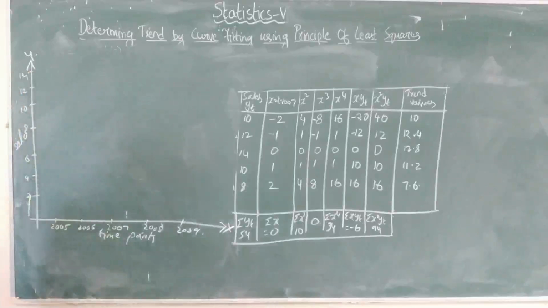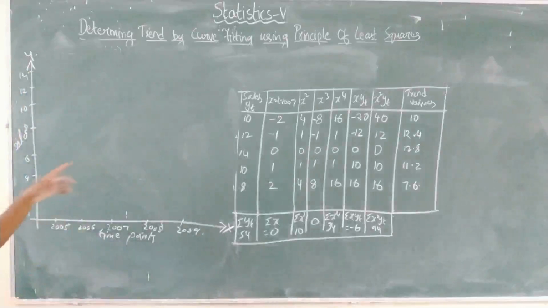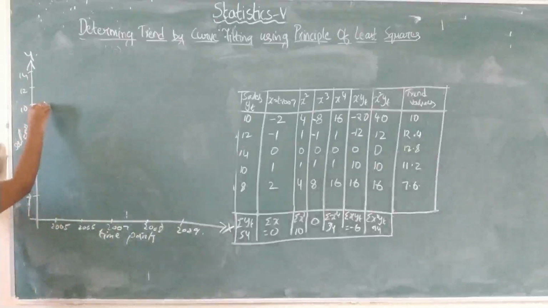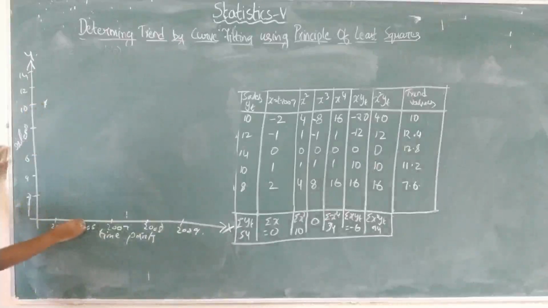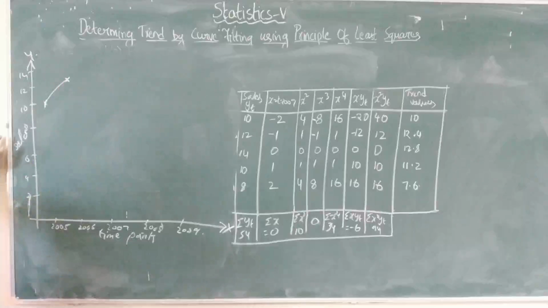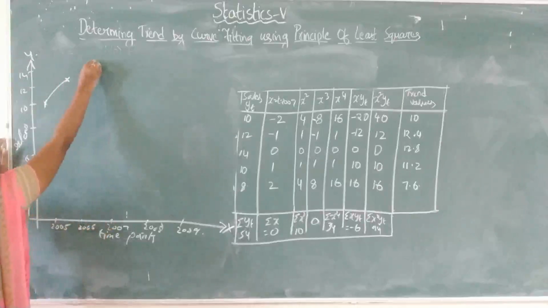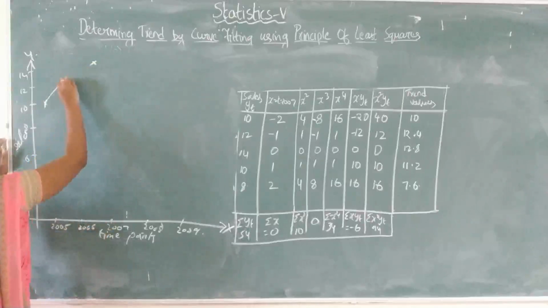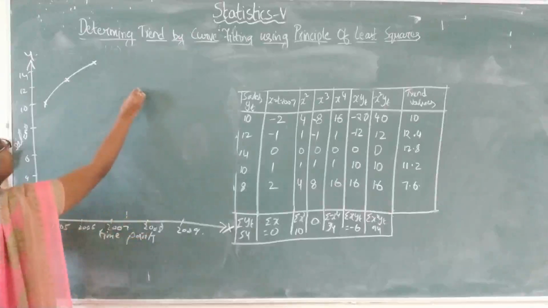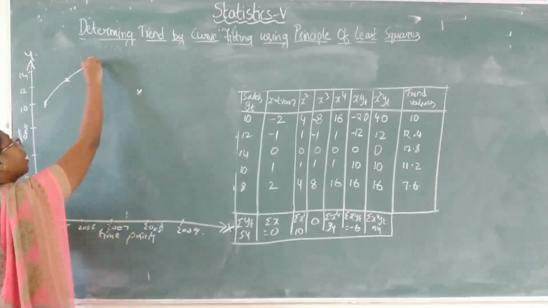Now the first value is 10. Next the second value is 12. Join it. And the next value is 14. And the next value is 10. So you know how the parabola will be.